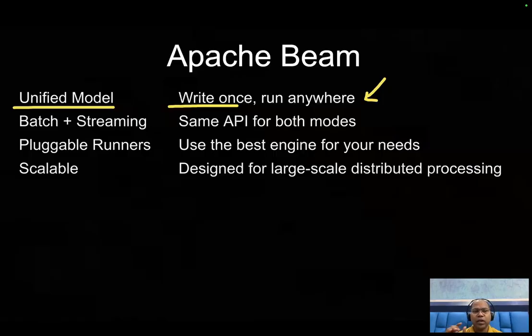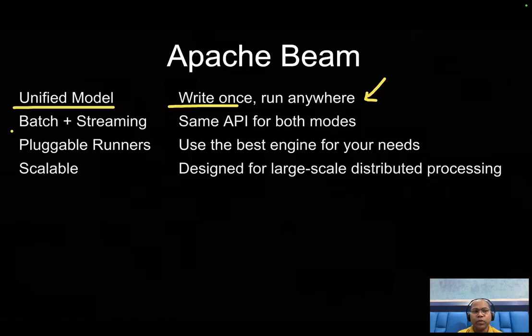You can write the program once, and run it on Google Dataflow, or on Spark, or on another environment. So there is no tight coupling between the runtime environment and your code.